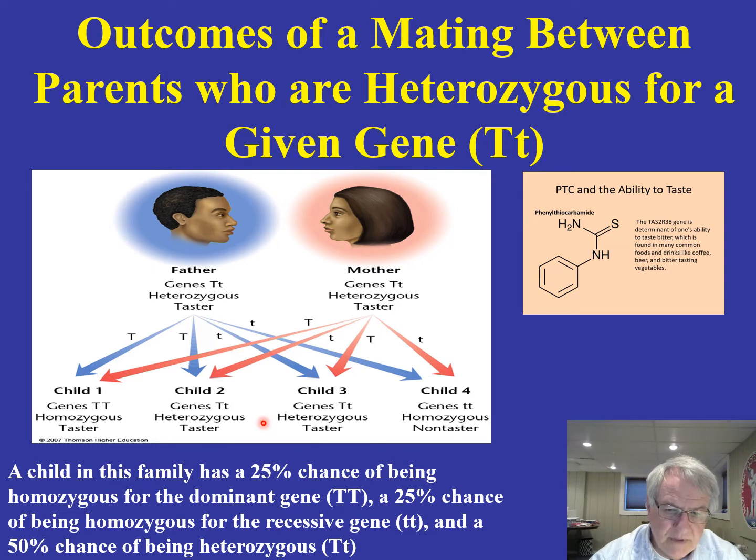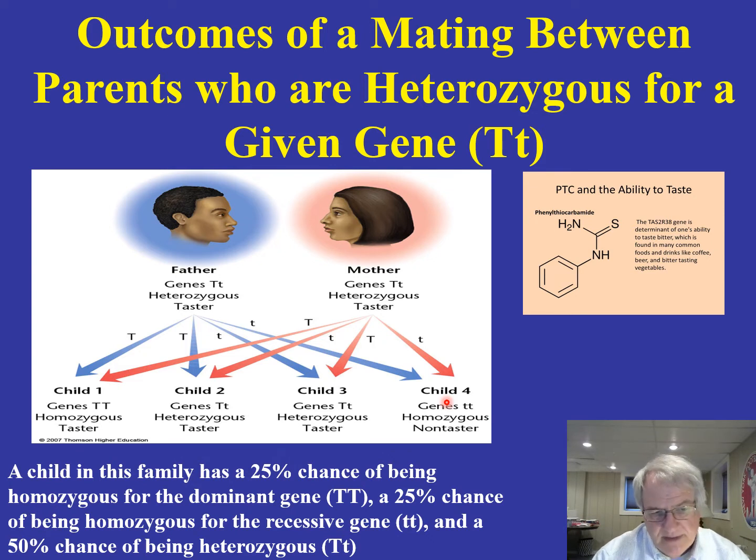So all in all, 75% of the offspring would be able to taste this substance. Non-tasters, again, would be this recessive condition that you see here, both recessive genes, so 25% would not be able to taste. So again, this is looking at probabilities in the outcome of mating between parents who are heterozygous for that given gene.